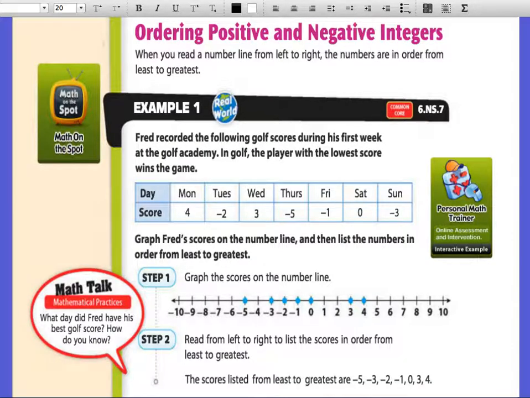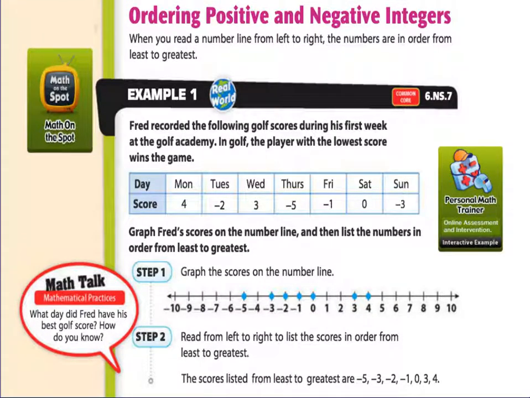All right, so ordering positive and negative integers. Now, instead of just comparing, we're actually going to order them. If you look at this example, we took every piece of data from this table and plotted it on the number line. Now it wants me to list it from least to greatest.